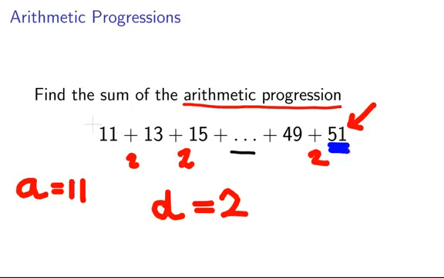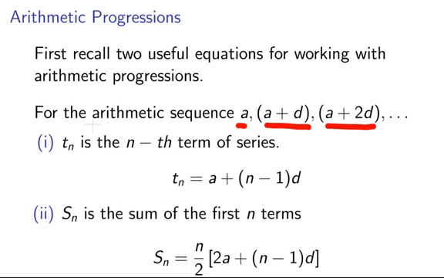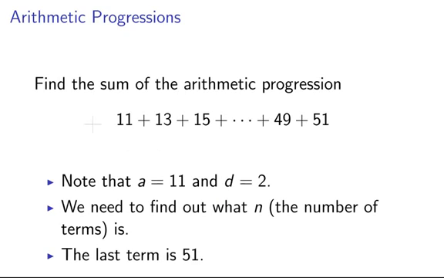We have to find out which number term in the series it is, whether first, second, third, and so on. So we note that a is equal to 11 and d is equal to 2, and we want to find n, and the last term is 51.